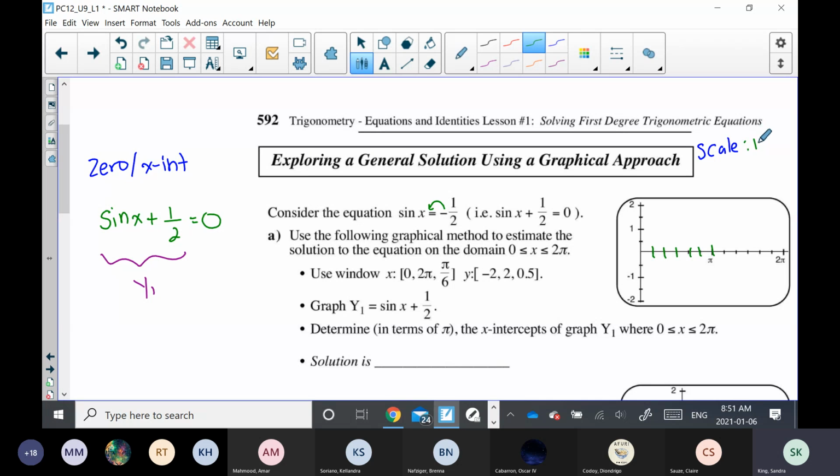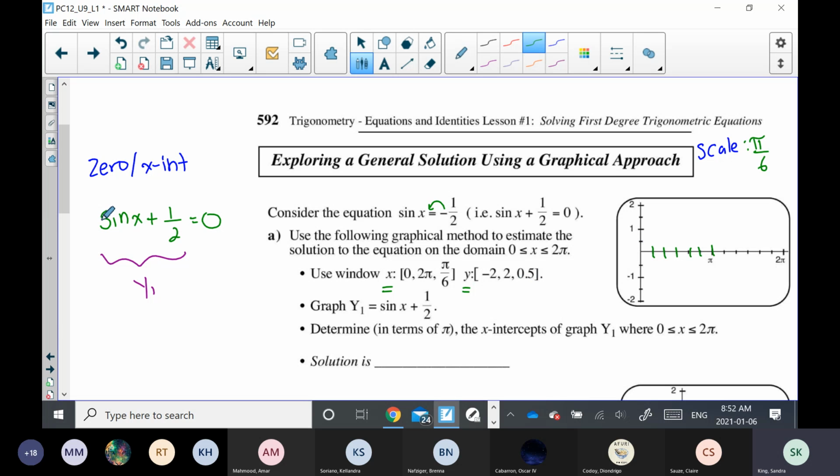So the scale, 1 hatch mark or each box, represents pi over 6. And they actually give us the window right here. So we're going to go from 0 to 2 pi, scale pi over 6. That's going to be our x window. And our y window, they want us to go from -2 to +2, and each hatch mark is worth 0.5.